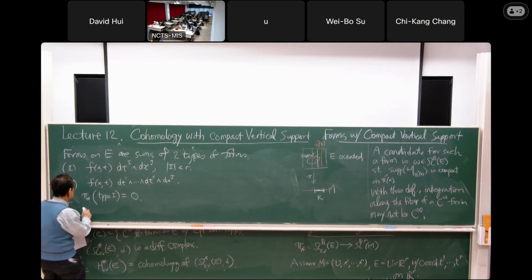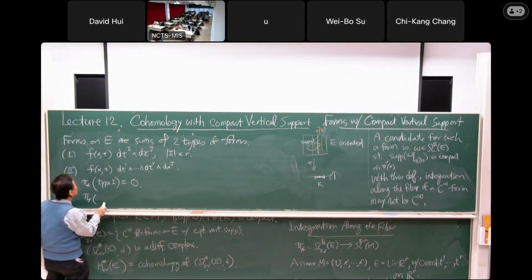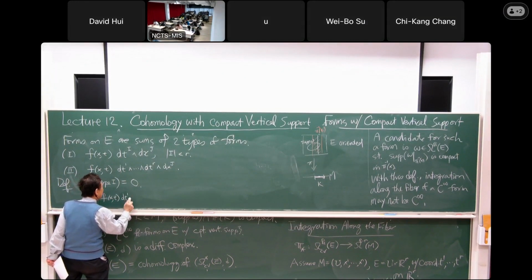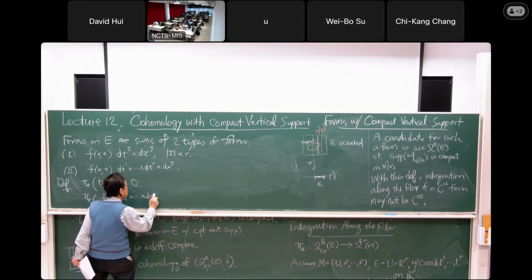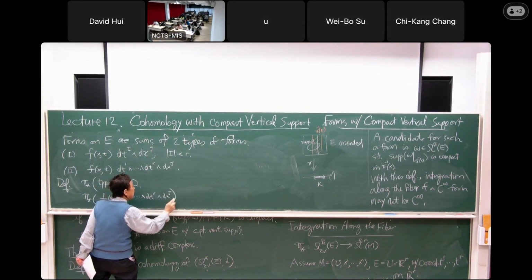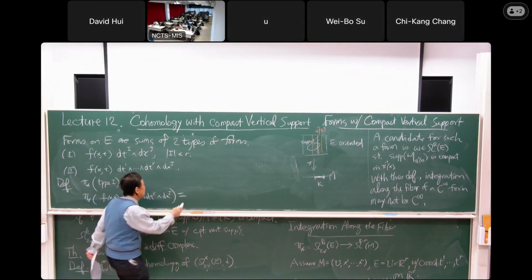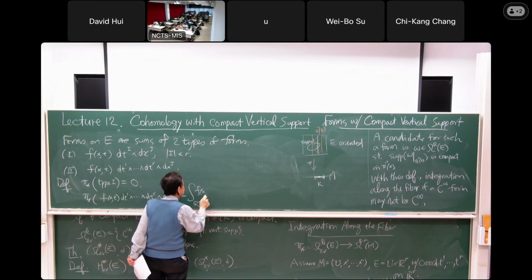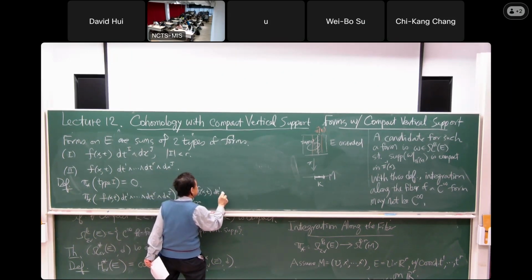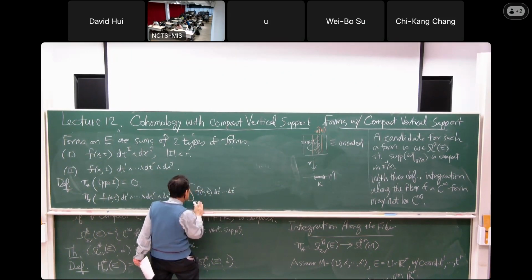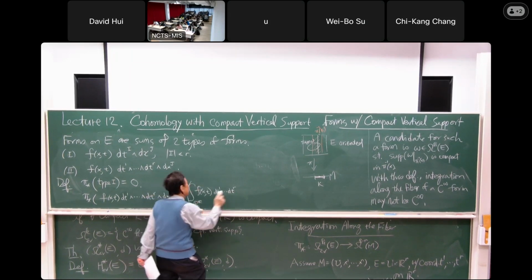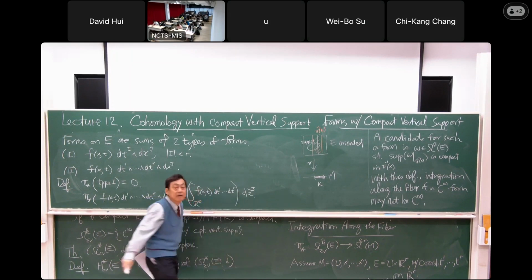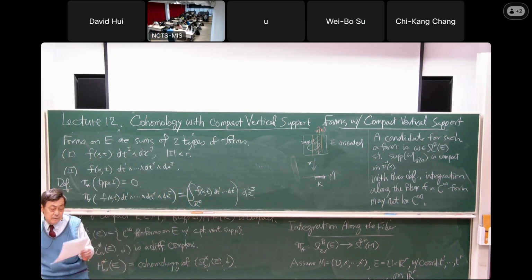And for a type 2 form, you just integrate over R to the R, which is the fiber, the function with respect to all the T's, and you have dxj left. So that's integration along the fiber.